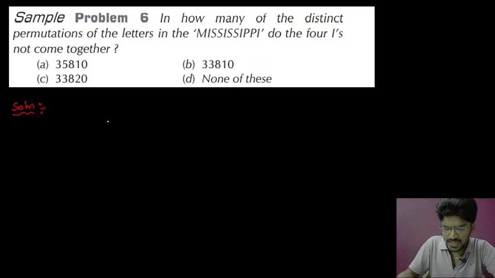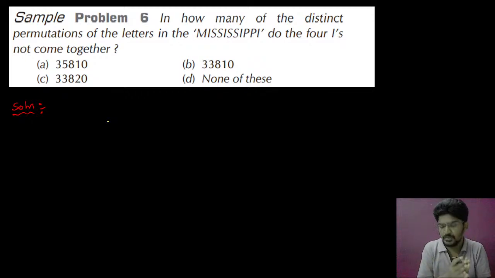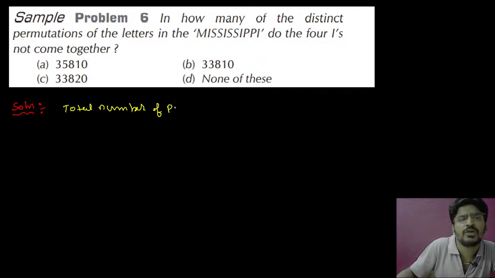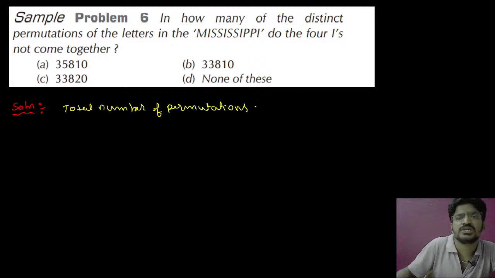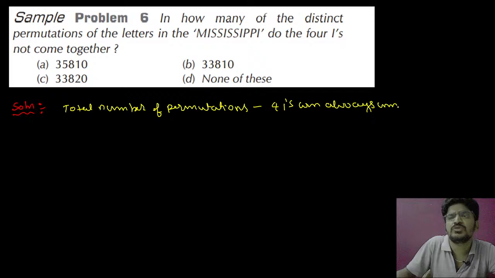Okay, so we can first calculate the 4 I's together. That means you just see the total number of permutations, minus the 4 I's always come together.